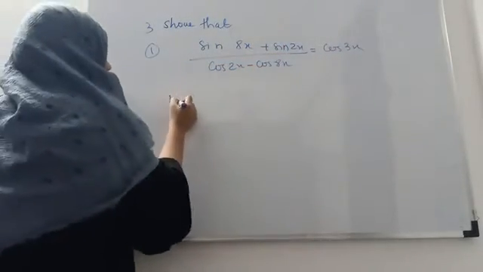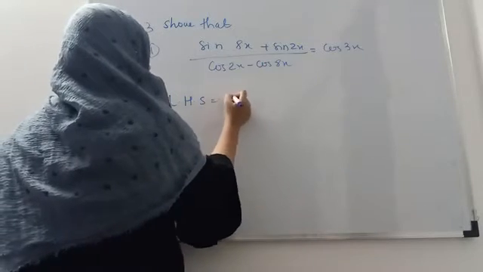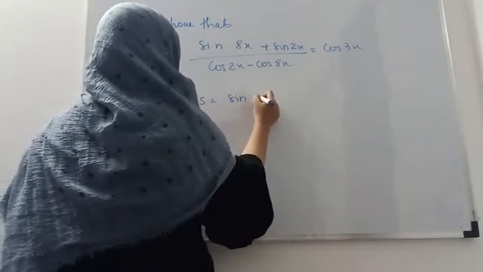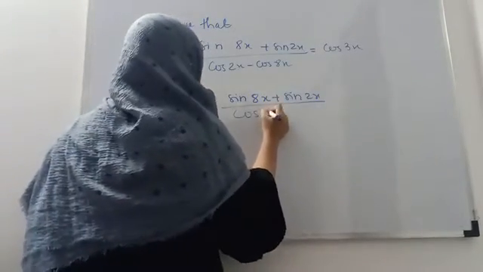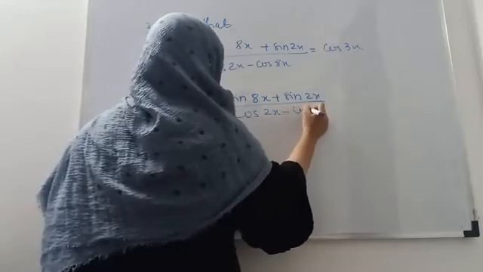So we will start with the LHS: (sin 8x + sin 2x) / (cos 2x − cos 8x).